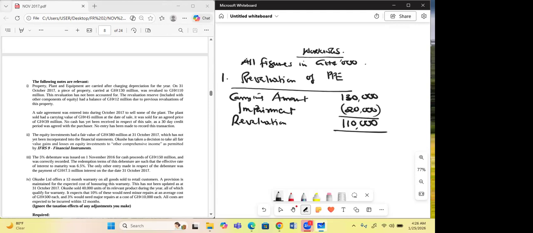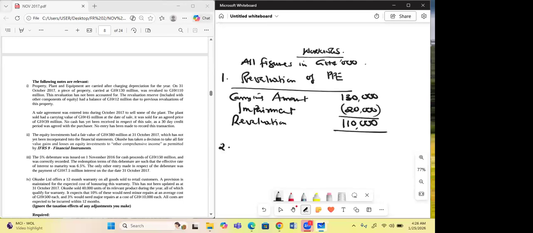Okay. So that is an impairment. But then they are telling you that this revaluation has not been accounted for. But the revaluation reserve, which is within other components of equity, had a balance of 12 million due to previous revaluations of this property. Now, we have an item that has been revalued previously and it has resulted in a gain. Subsequently, if we revalue again and it gives you an impairment, what must we do?